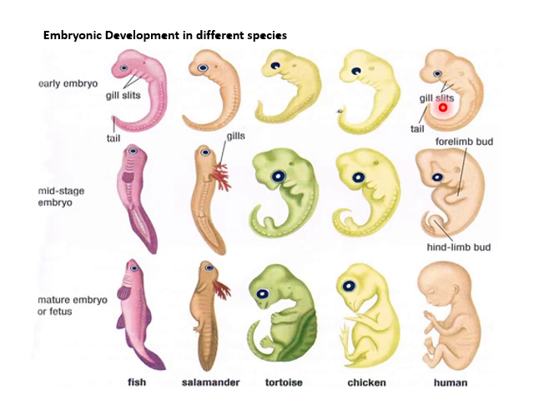You can see that all of these embryos are a little bit similar to each other, but when these embryos grow up to their mid-stage, they may differ from one another.